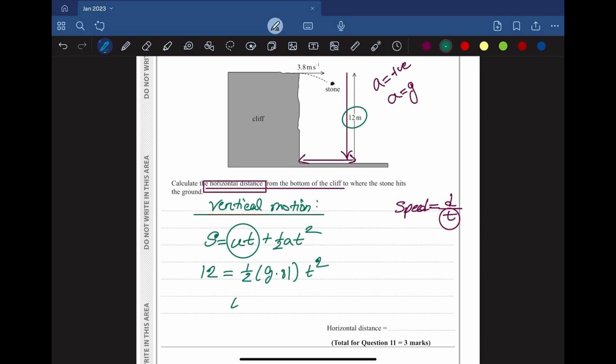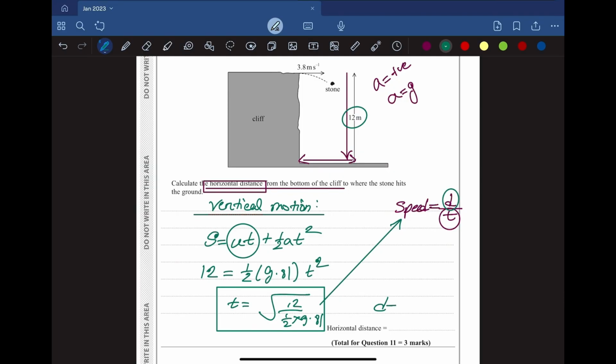Now our t value will be equal to root over 12 divided by half into 9.81, and we can multiply this whole time value with the horizontal speed to get our distance. So our distance is going to be this value right here multiplied by this 3.8 meters per second horizontal velocity.